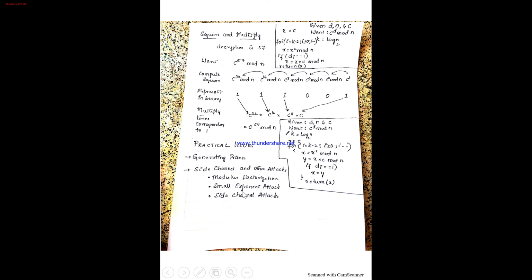And we have this side channel attack. The best example of a side channel attack that we could work with is smart cards. See how these smart card attackers or hackers usually succeed: they'll have equipment and all those things.